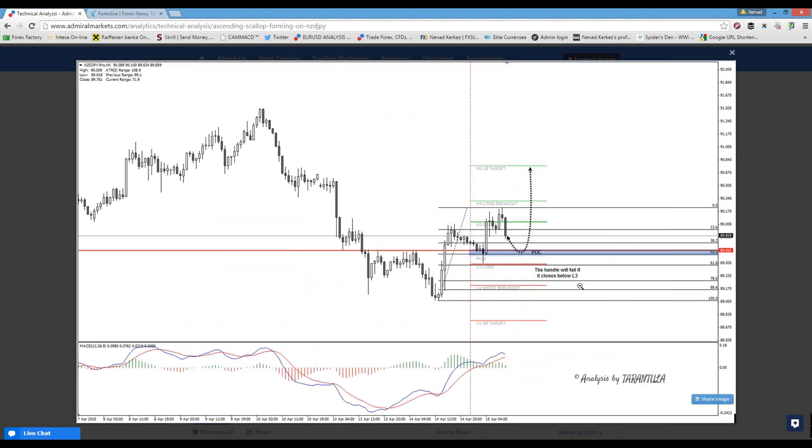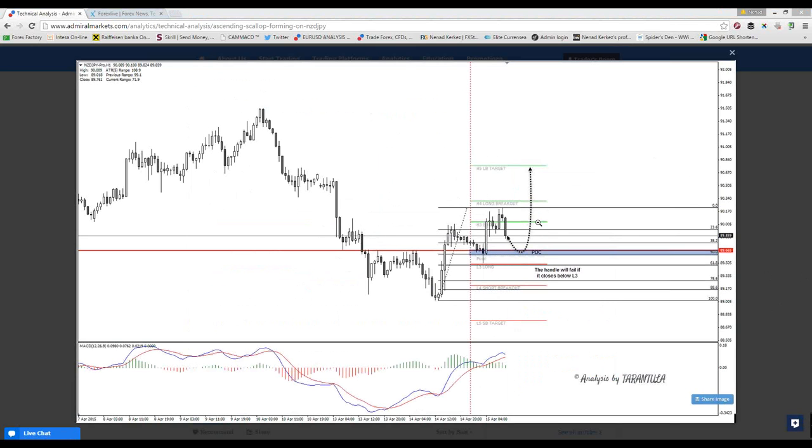So what did I say? This was the time where I saw the price coming. I was making the analysis where the price was here. Then I predicted that the price will reverse from this point and go up. It definitely reversed from this point here, and it went to this point. But what happened?